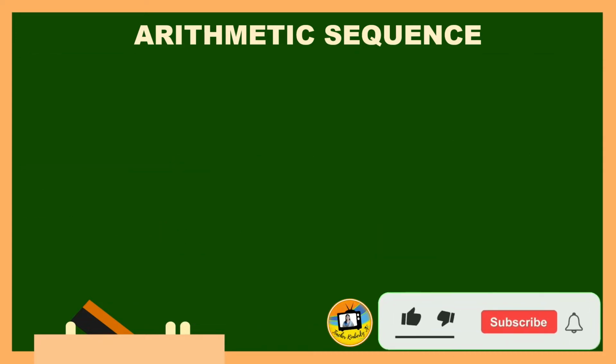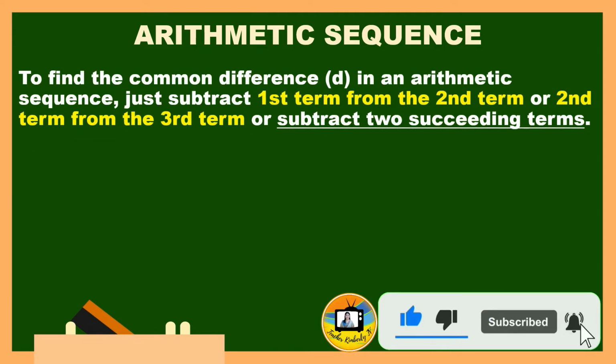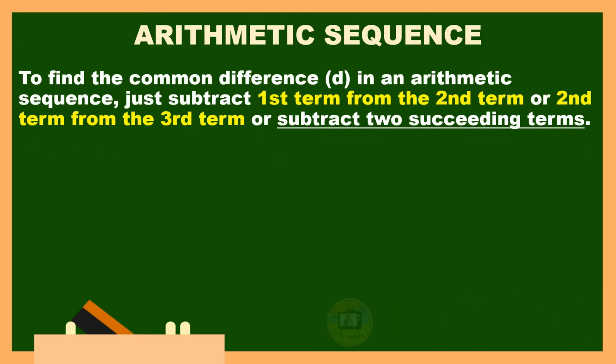But how can we find the common difference? To find the common difference D in an arithmetic sequence, just subtract the first term from the second term, or subtract the second term from the third term, or subtract the two succeeding terms.